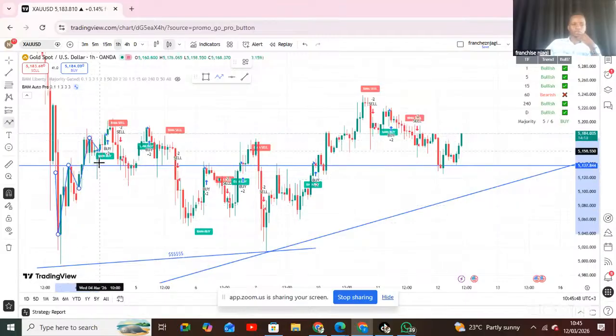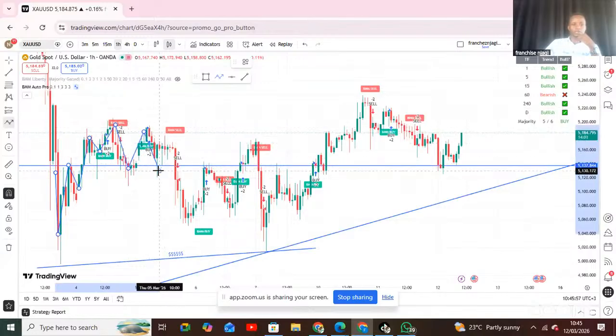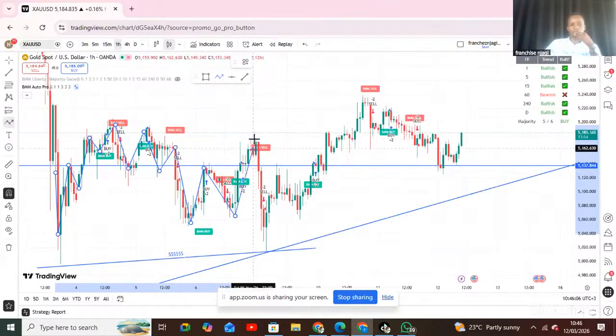It came again, retested, creating a support zone, and came again and created another support zone, went back, created another support zone, and then it broke to the downside, and then created a resistance zone, and then broke the resistance zone, giving us a strong zone, and then broke again, respected it, creating a head and shoulders here.